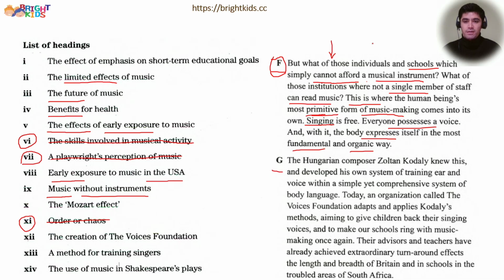It gives us the main topic of the paragraph. So it says individuals and schools which simply cannot afford a musical instrument, which means those individuals and schools without musical instruments. So obviously the answer for F is this one.